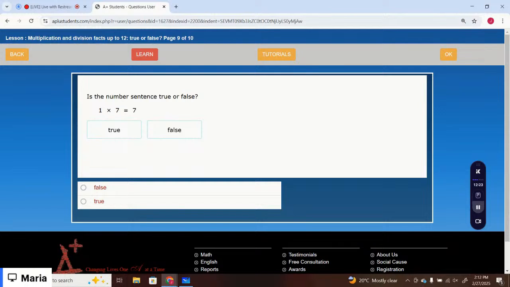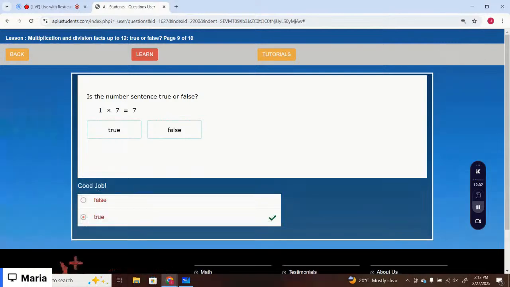Is the number sentence true or false? 1 times 7 equals 7. True, it is. Option number 2 is the correct option.